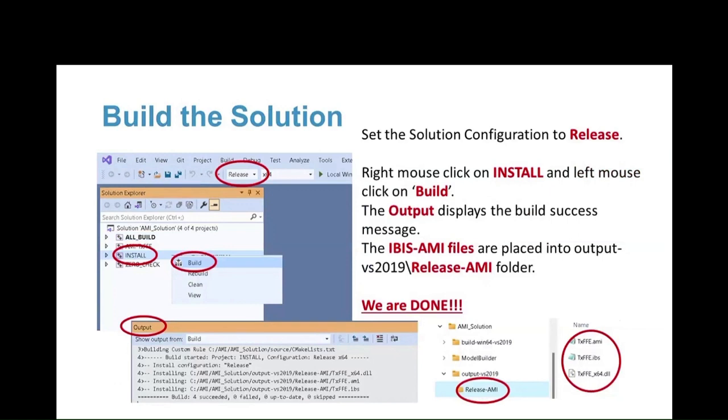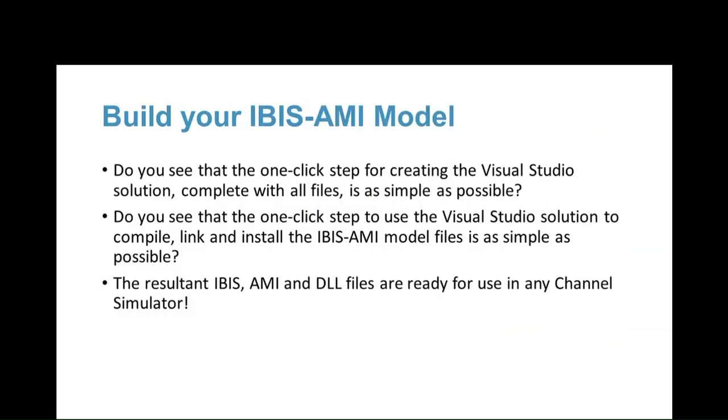It does the build, the compiling, the linking, and installation, and there it is. We're done. When you go to the folder output-vs 2019 with the subfolder release-AMI, you'll see the files installed in that folder.